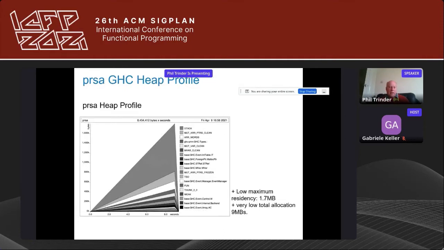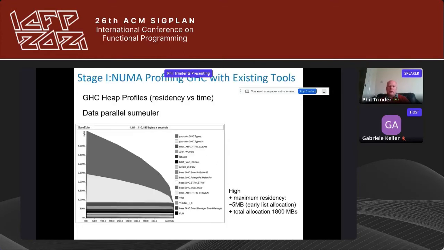And finally, PRSA has a different profile again. It allocates continuously during its execution, gradually increasing the residency. Broadly speaking, this is fairly low, 1.7 megabytes compared with 5 megabytes for the data parallel sum Euler, and a fairly low total allocation, around 9 megabytes a second, compared with 1800 megabytes a second for the data parallel sum Euler.